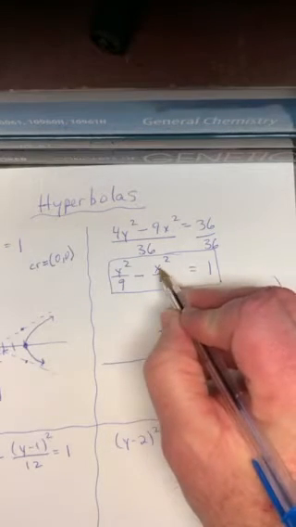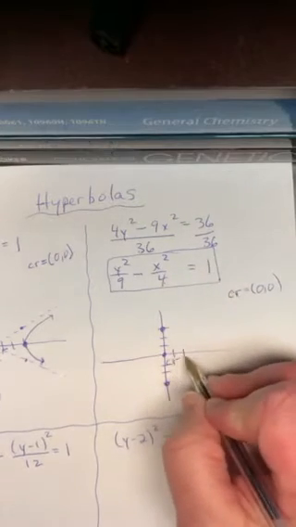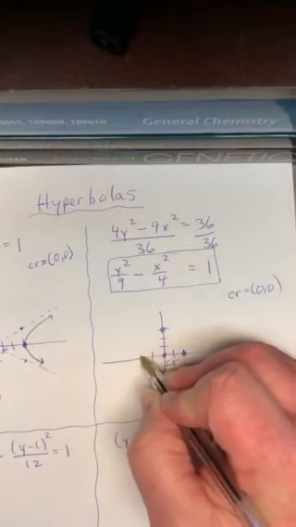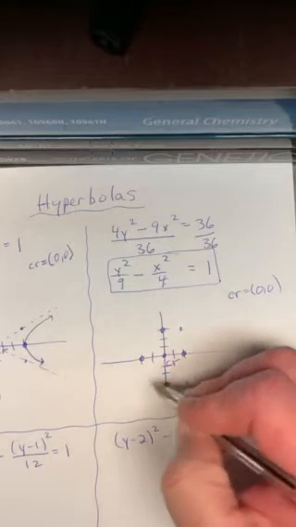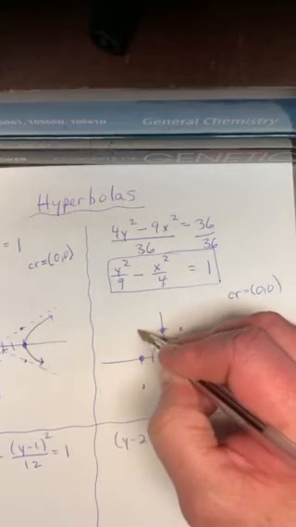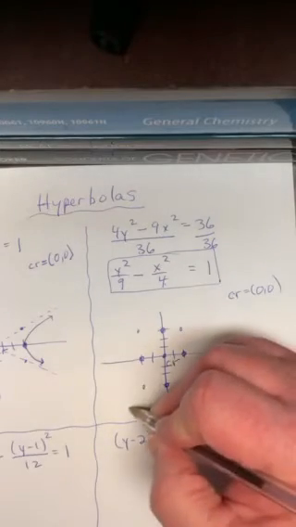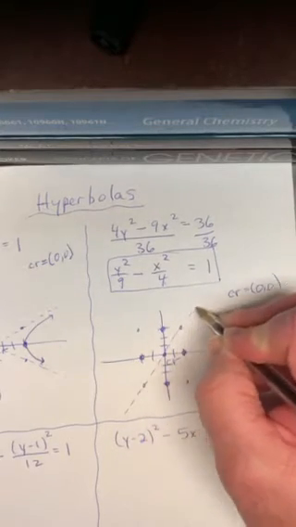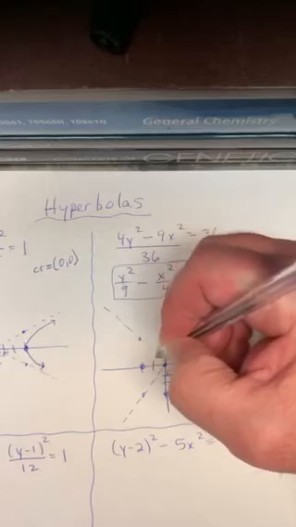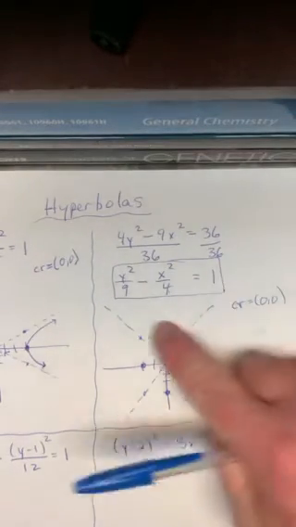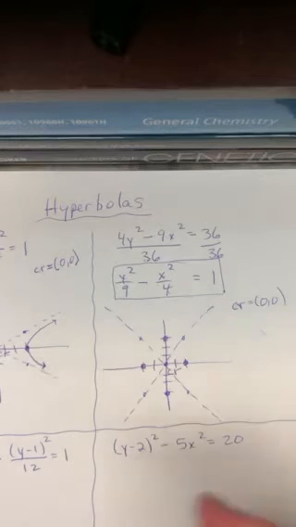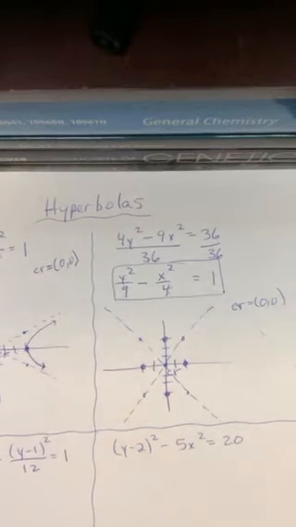The x squared has a 4 under it, so go right 2 and left 2. Make a rectangle, corner, corner, and corner. Draw a diagonal there and a diagonal there. So I've got 2 asymptotes going right through the center of my hyperbola.